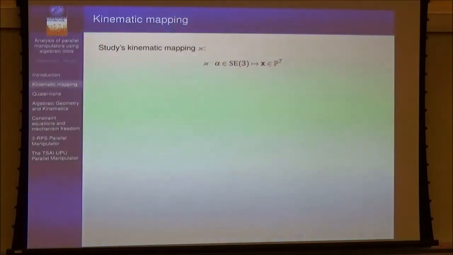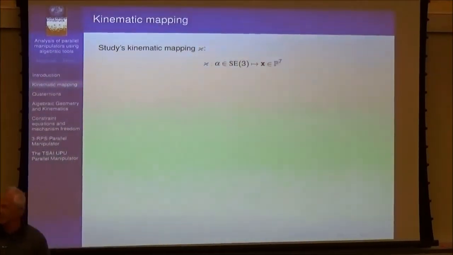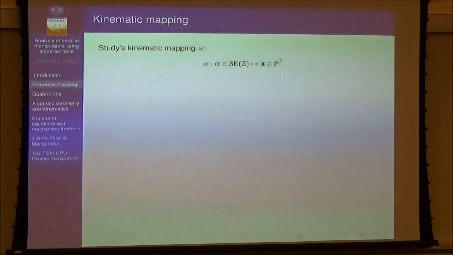So essentially, we have heard there are 8 numbers for the dual quaternions. They are homogeneous, as was said before. And therefore, we can interpret each dual quaternion as a point in a 7-dimensional projective space. So this kinematic mapping essentially does the following: it takes an element of SE3, a matrix of the form you have seen before, and maps it to a point in 7-dimensional space.